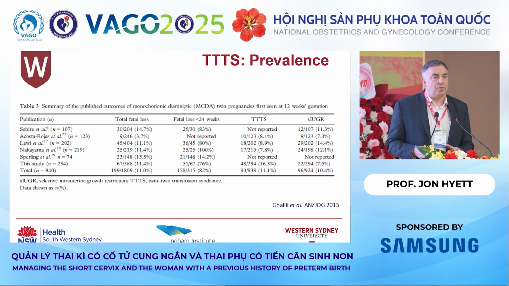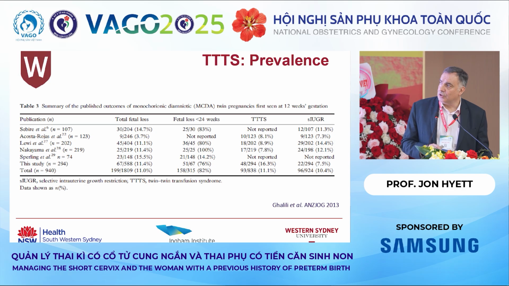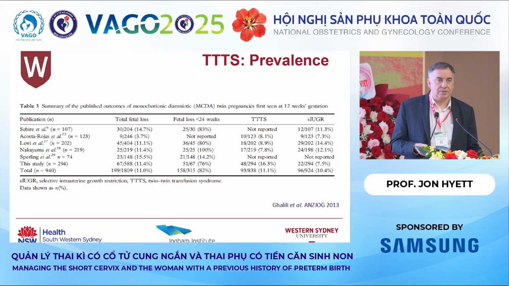So how common are all of these different pathologies? You saw a summary of this in an earlier talk, in Long's talk, but here in our own group, which is listed in the penultimate line in this table, we have about a 15% rate of twin-twin transfusion syndrome in these pregnancies.